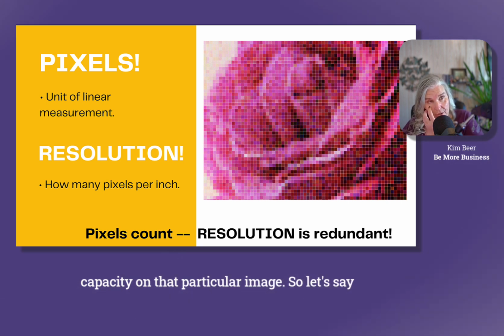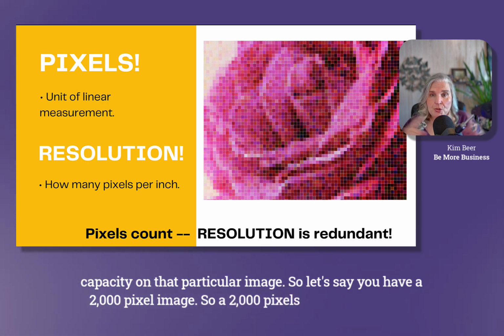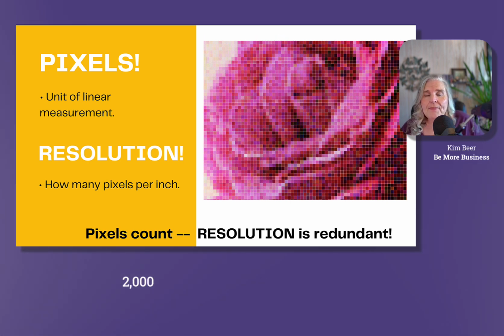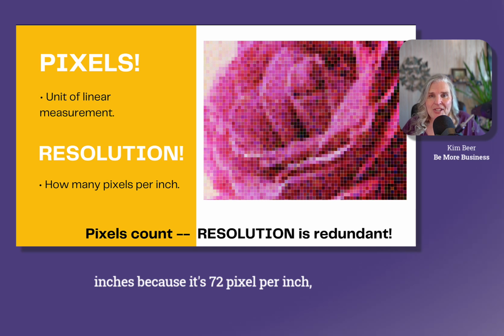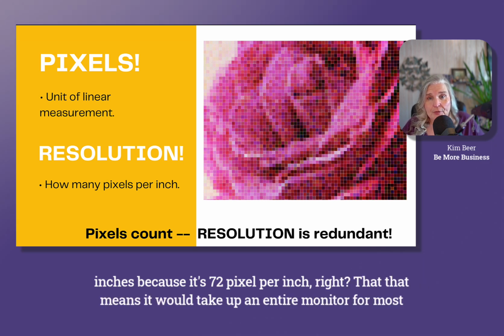So let's say you have a 2000 pixel image. So it's 2000 pixels on the long side or 2000 pixels square. That would work too. On a computer, it is going to be a little under 20 inches because it's 72 pixels per inch, right? That means it would take up an entire monitor for most people.